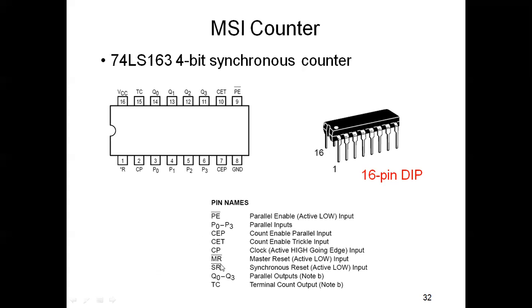SR bar is the synchronous reset active low input. Q0 to Q3 are the parallel outputs, and TC is the terminal count output.